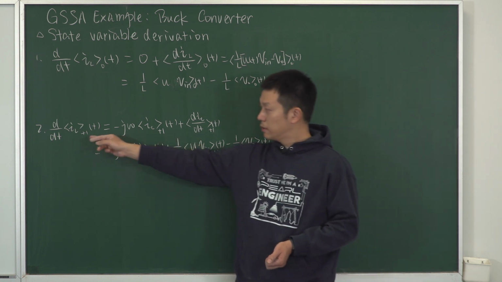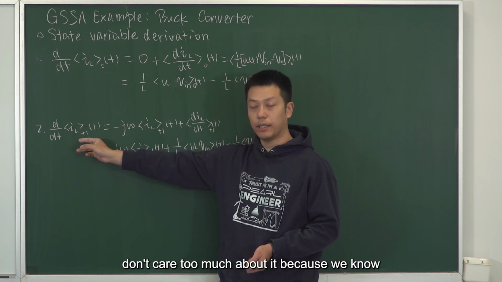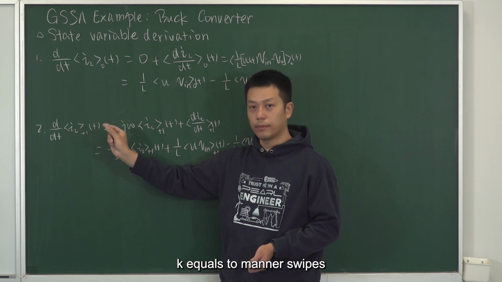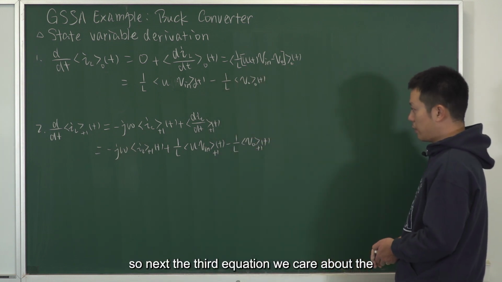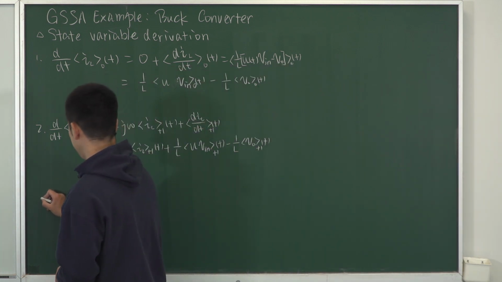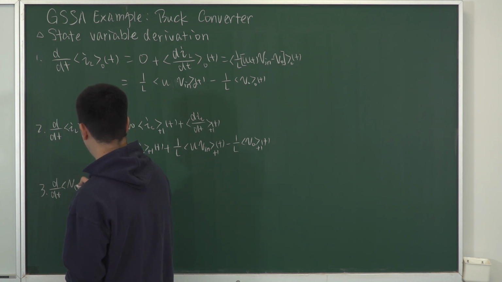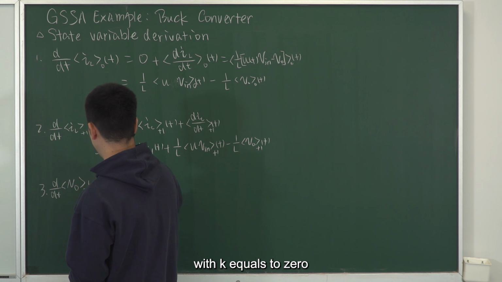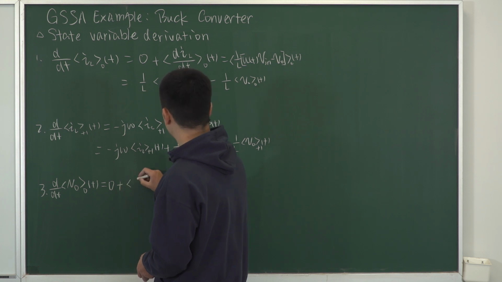For the k equals -1 part, we don't care too much about it because we know k equals -1 is essentially the conjugate of k equals +1. So next, the third equation, we care about the capacitor voltage equation. The third one: capacitor voltage with k equals 0. So this one also equals 0 plus the derivative of Vo over dt.